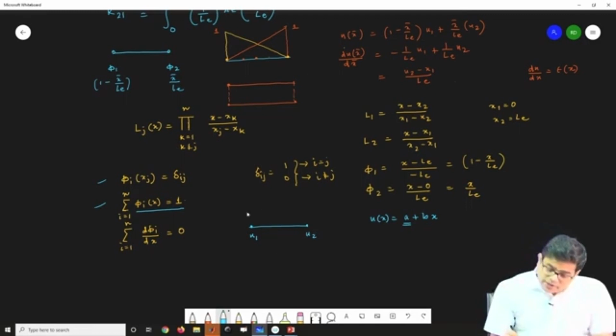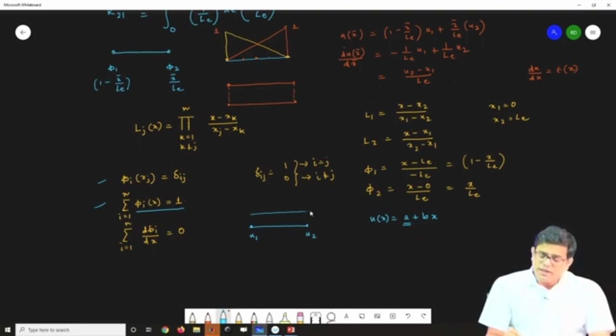If I choose this property, then I can always represent a constant term. That is why the complete polynomial including the constant term is required. So I can write it like this: a x to the power 0 plus b x to the power 1.